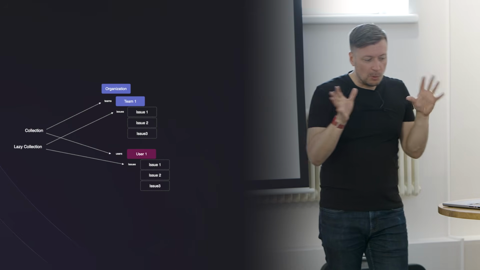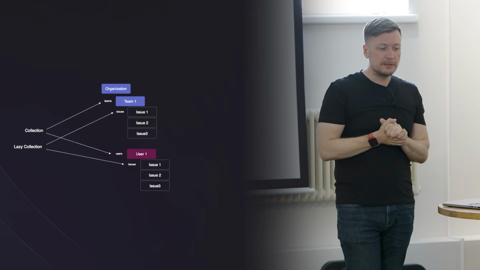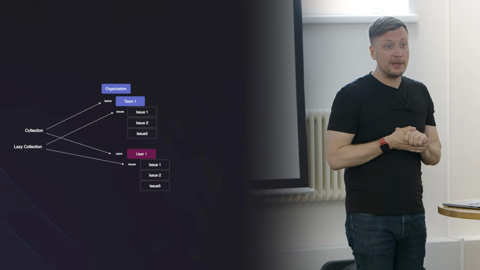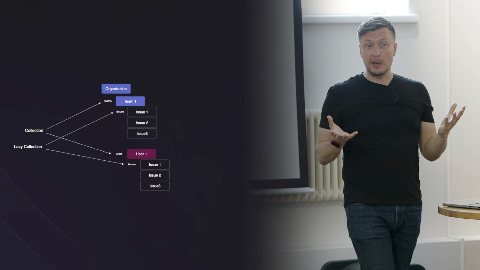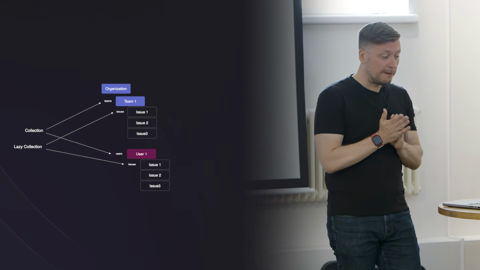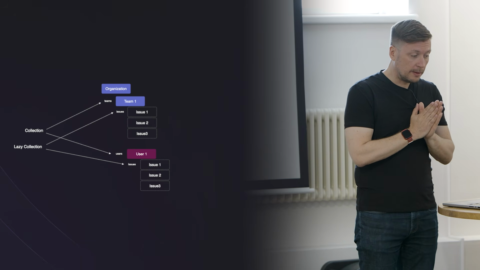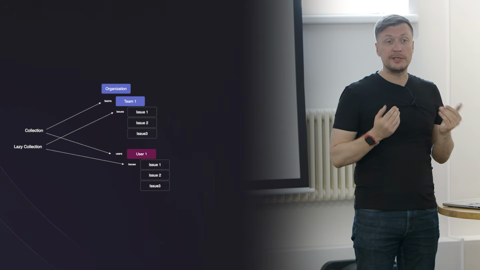To quickly describe what that means, let's go back to this graph that we had earlier when we did lazy collections, and let's look at the teams now. So now we do have a team that no longer has issues.